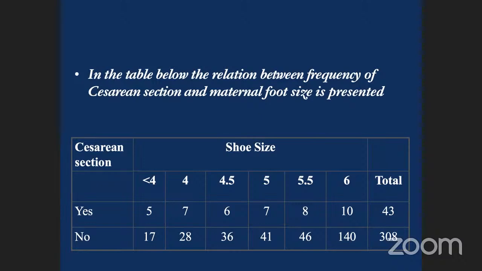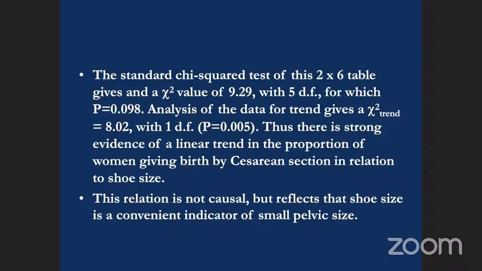In the table below, the relationship between the frequency of, for example, cesarean section and the maternal foot size is presented, using three rows with more than 5 columns.